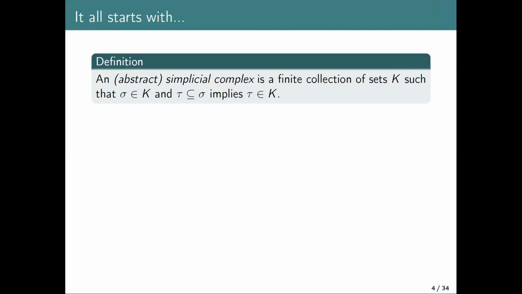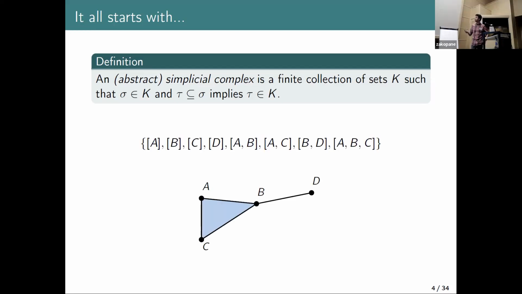Or if you want a more geometric definition, it's a collection of simplices which is closed under the operation of taking faces. So for example, here you have a very simple abstract simplicial complex and its geometric realization, and you can describe it in a combinatorial way.